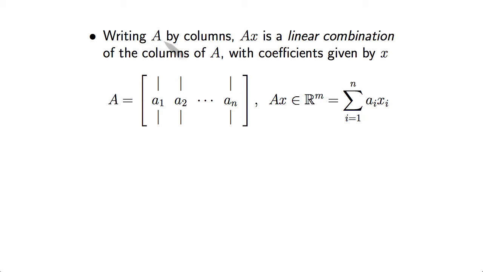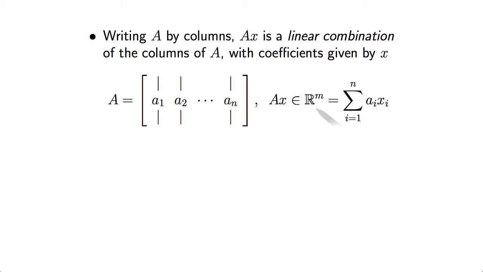So if we write A by its columns, so we're going to write A now as A1 being the first column of A, A2 the second column, etc., up to An. In this definition, we can also write the product A times x as a vector in R^m.